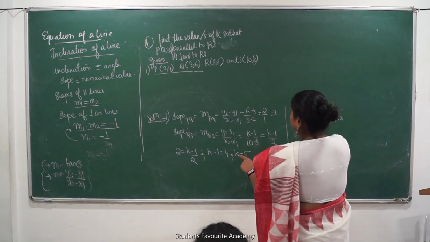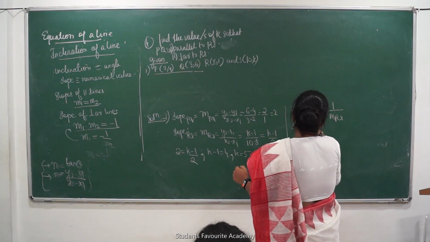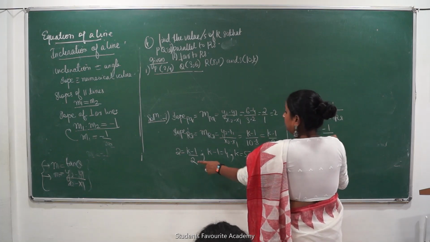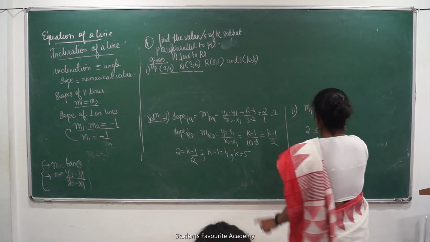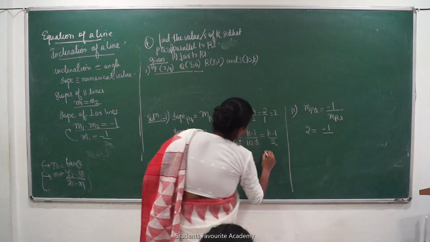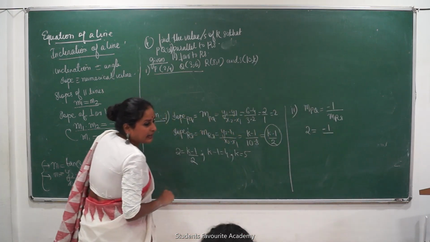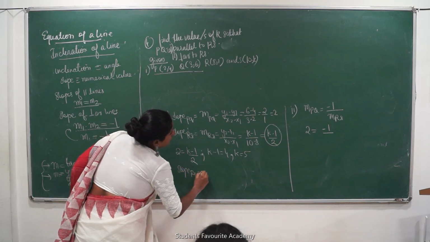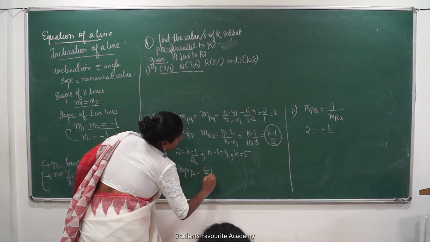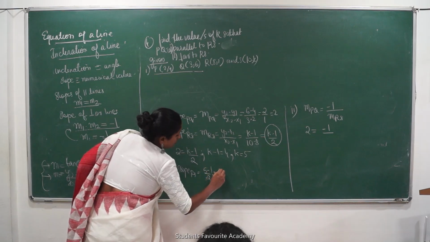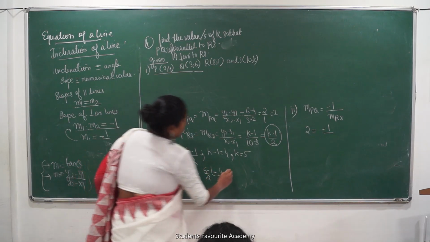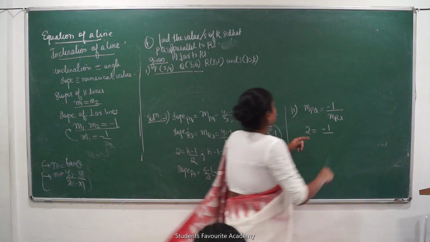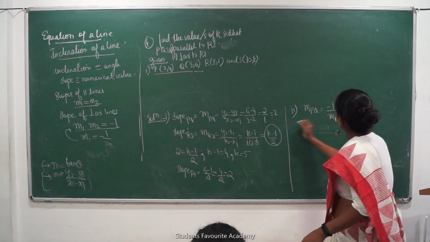Therefore slope of PQ is 2, equal to minus 1 upon k minus 1 upon 2. Slope of RS would be, with k as 5, 5 minus 1 upon 2, that is 4 upon 2, equal to 2.